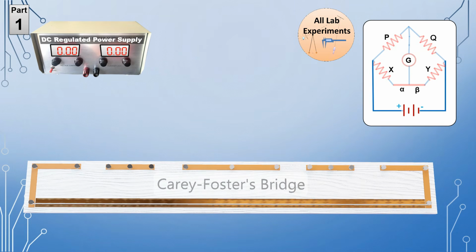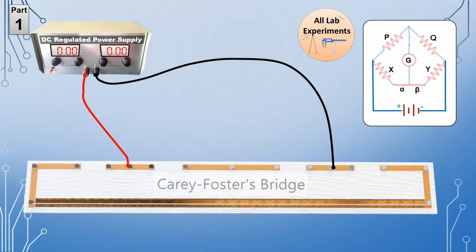Initially, we will connect the positive of our DC regulated power supply with the space between two slots towards the left side. Similarly, the negative of the DC regulated power supply will be connected to the space between two empty slots towards the right side. You can also check that in the diagram the symbol demonstrating the battery has been highlighted.